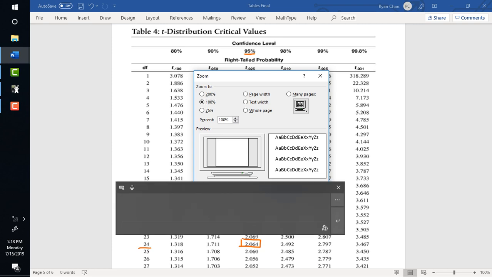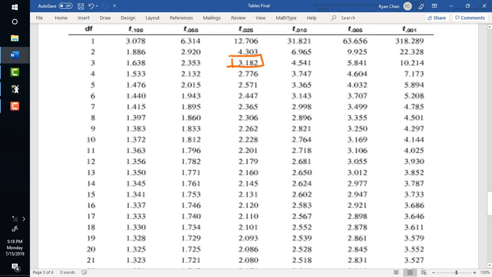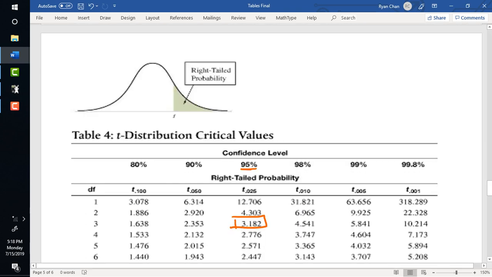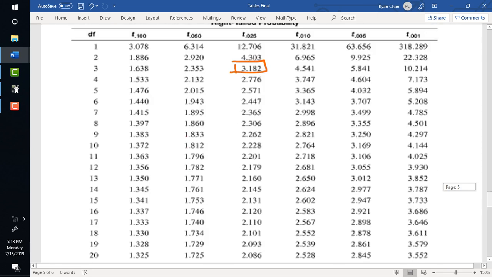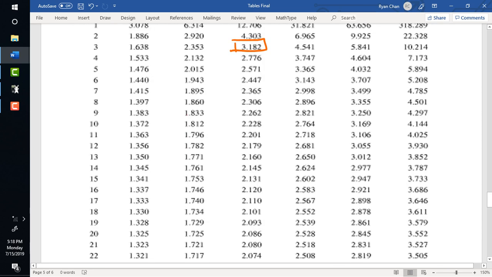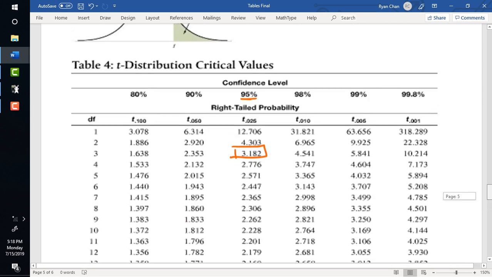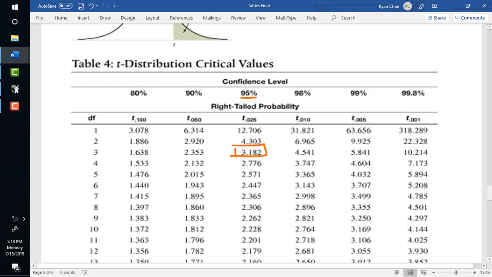So let me zoom in. So degrees of freedom. Okay, so 1.65, I don't see it. Now the thing is, if I'm looking from left to right, I notice that it's getting larger. So where is 1.65? 1.65 is right here.